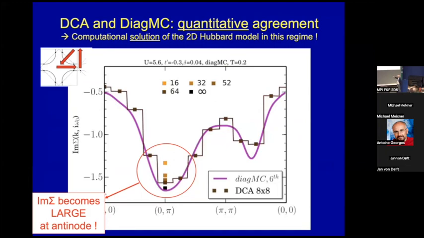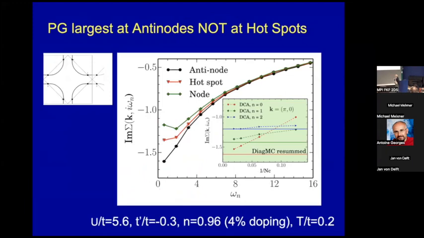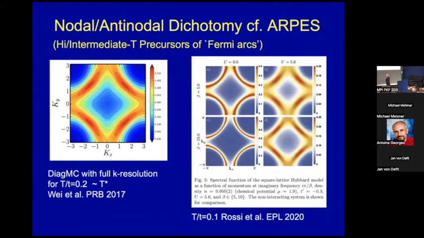And you see that the scattering rate becomes very large. The imaginary part of the self-energy becomes very large when you cross the antinodal region, which is the thing that opens the pseudogap in this system. Okay. In this regime of strong coupling, the notion of hotspots is not really relevant. The whole region near the antinodes becomes incoherent and pseudogapped. Okay, very good.